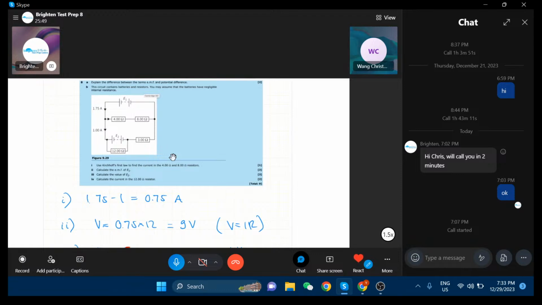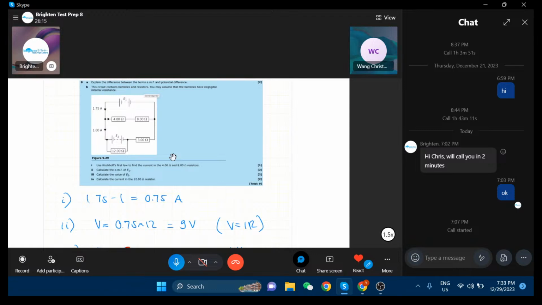It wouldn't be actually, but why would you say it should be both? Because you only measure the resistance, which is 12 ohms, over the E2, right? Because I see that the current from E1 also flows. It splits and flows through the 12 resistor.